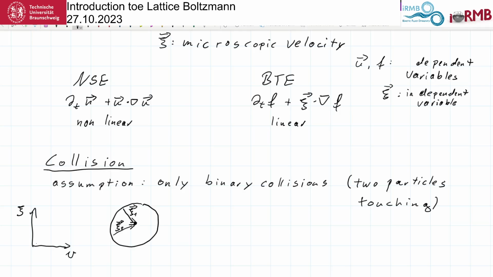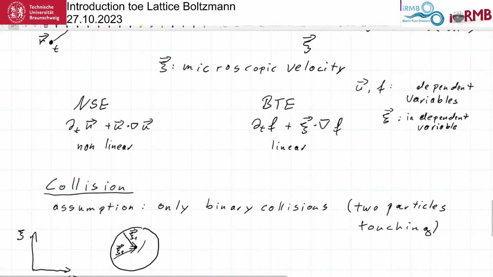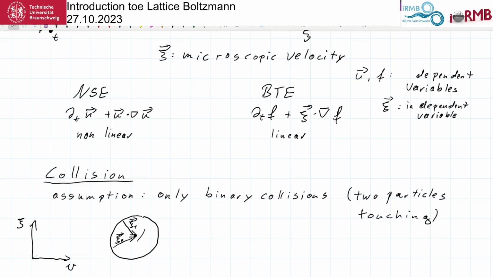They collide, exchange momentum between each other, and go out in a different way, which we could draw like this. The result of xi1 I indicate by xi1 dash, and this here is xi2 dash. So now you see they come from the left and they somehow go out to the right.